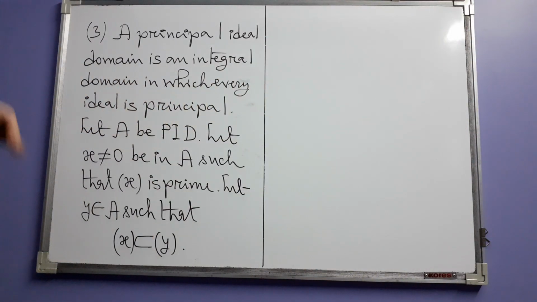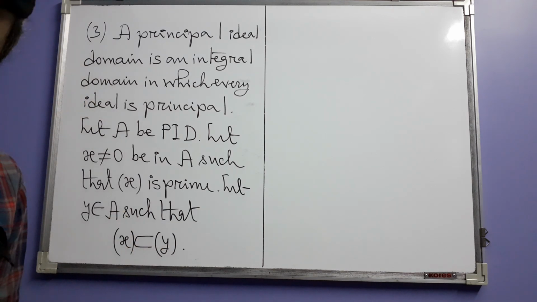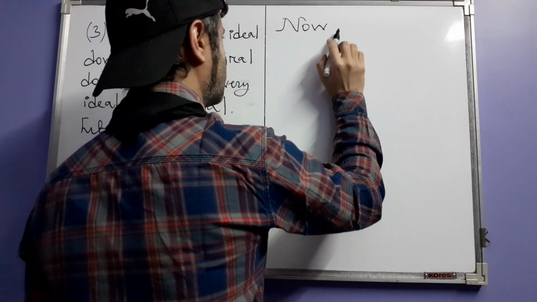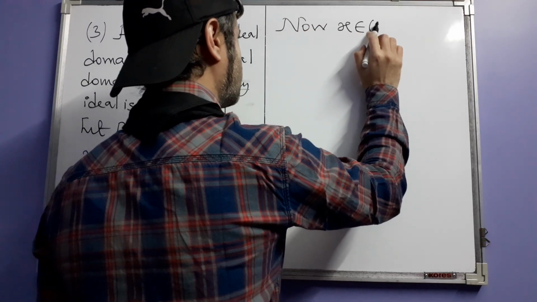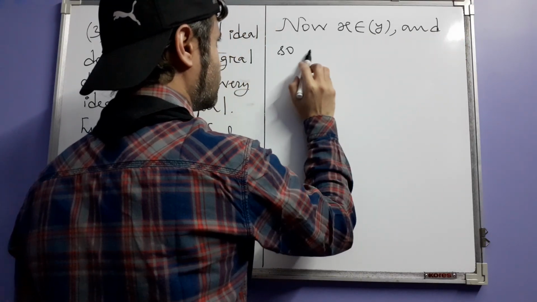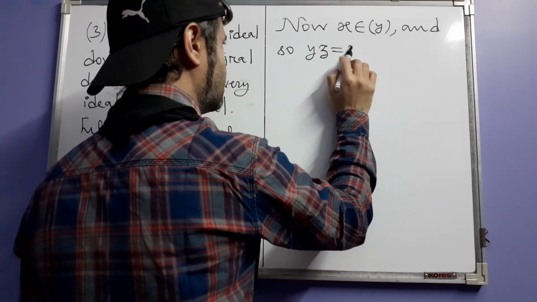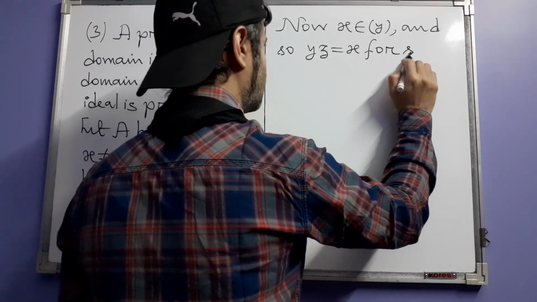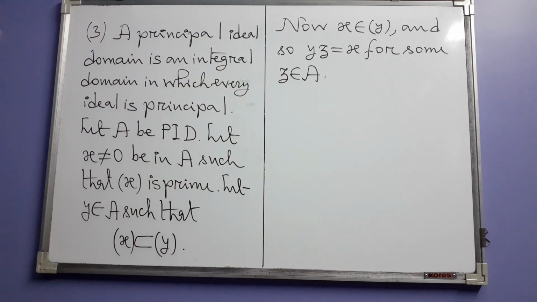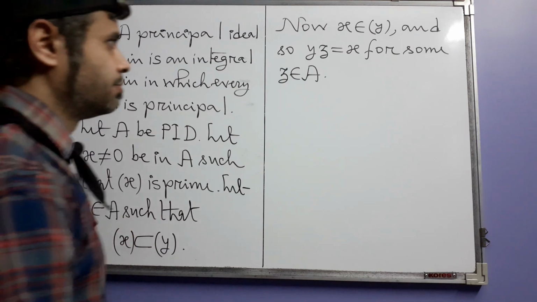Okay, so now what will happen? Obviously x is an element of this ideal, so x will belong to this y as well. And so x is y times something, say y times z is equal to x for some element z in the ring A. Now we are going to use the fact that this is a prime ideal.